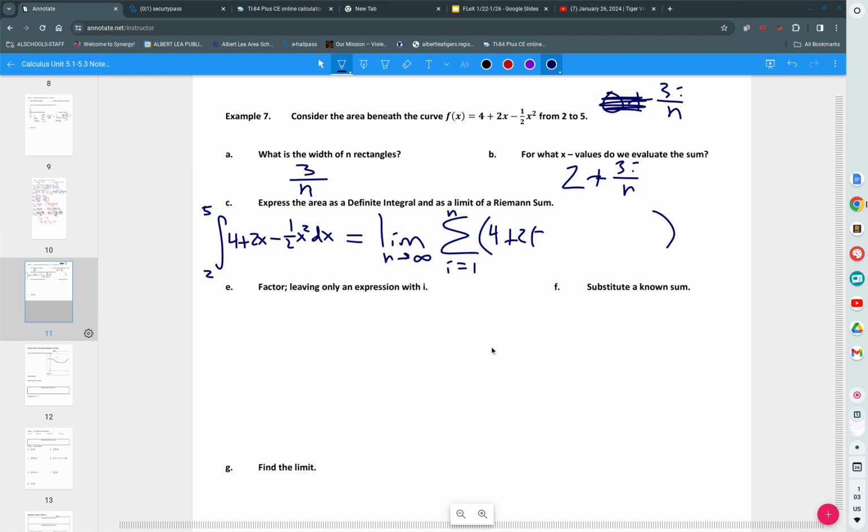So 2 times 2 plus 3i over n, minus 1 over 2 times 2 plus 3i over n quantity squared. And then we have our times 3 over n in the process.